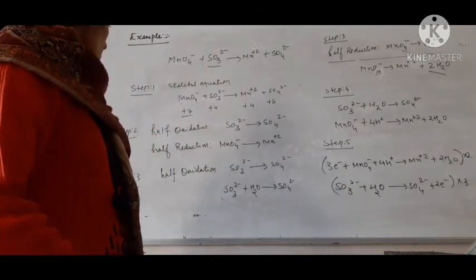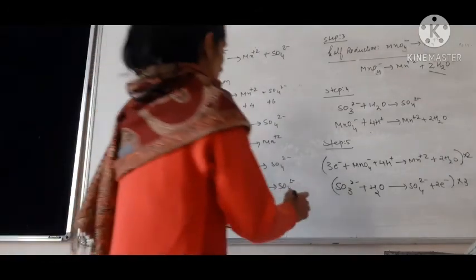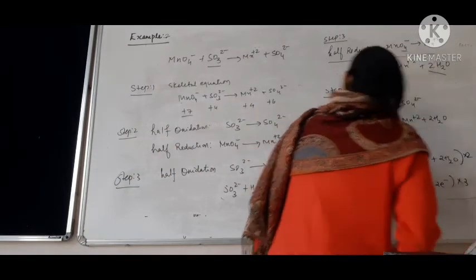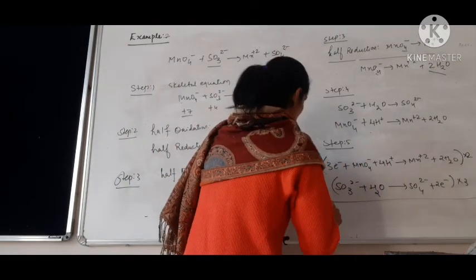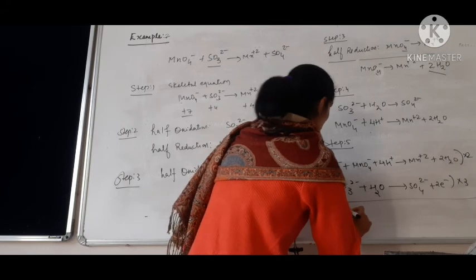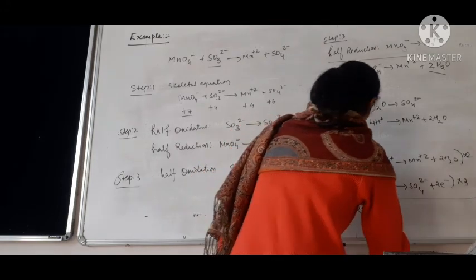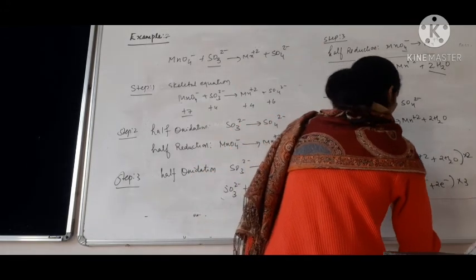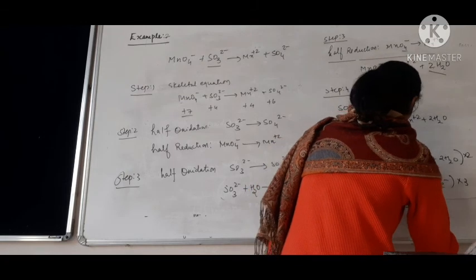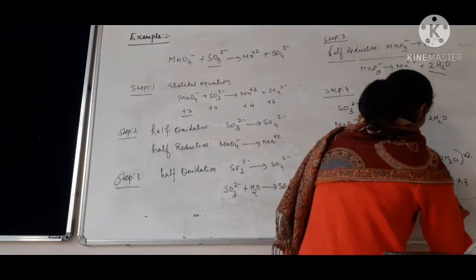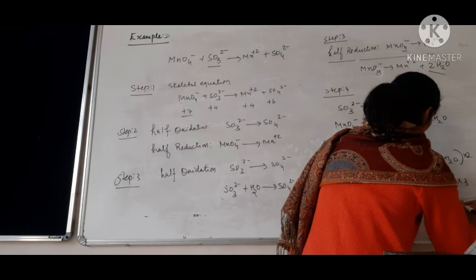Now we are going to write the net equation. For the half reduction we have 6 electrons plus 2 MnO4 minus plus 8H plus, which gives 2 Mn plus 2 plus 4H2O.